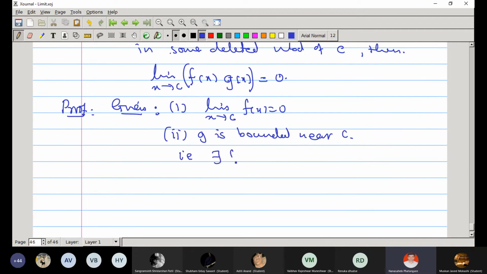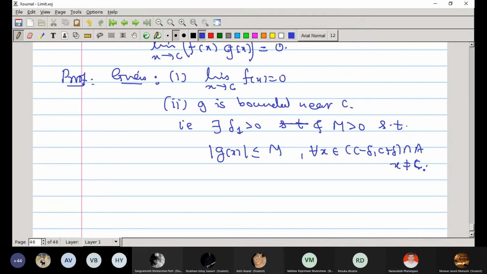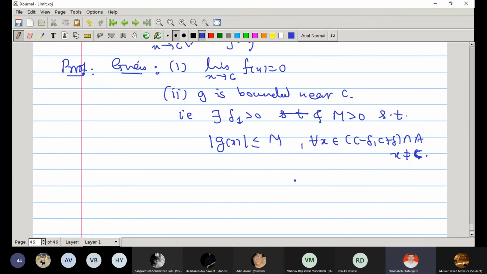That is, there exist delta 1 and M such that near c, meaning in some neighborhood, mod of g(x) is less than M for all x belonging to the deleted neighborhood of c, for all x in (c minus delta, c plus delta) intersection A, with x different from c, because g may not be defined at c, that could be a problem. Otherwise, if we include c, then also no problem.